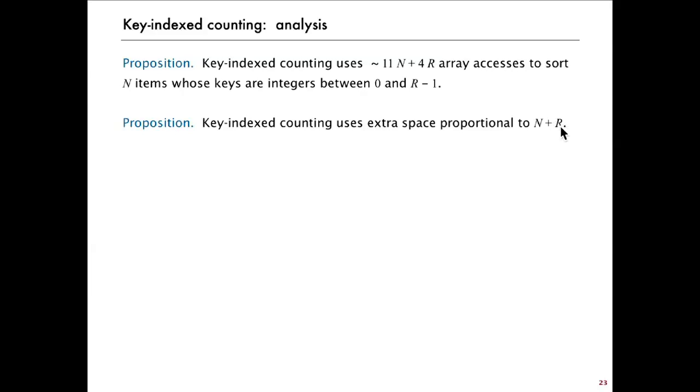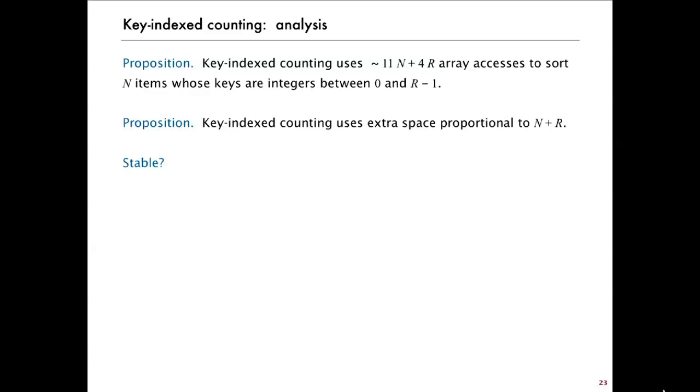Now r, remember, is our radix. That's the number of different character values. So for ASCII, maybe that's 256, and for genomic data, maybe it's 4. And n, we're assuming we're sorting huge files. So really, this is linear time in many practical situations.